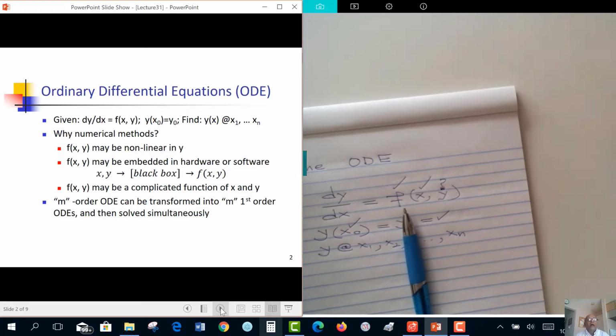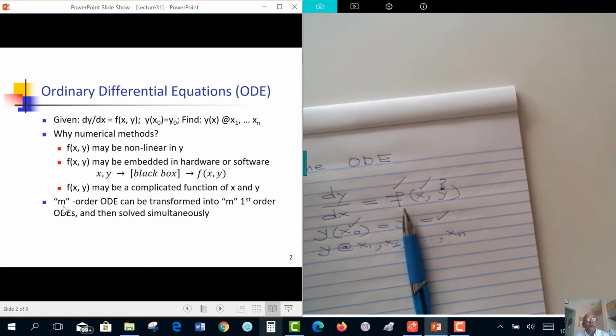Second, the function may be embedded in hardware or software, so we may not know the function exactly. All we do is feed x and y to a black box and it gives us the function value. So we may not know the function explicitly. Or the function may be a complicated function of x and y that you may not want to integrate.